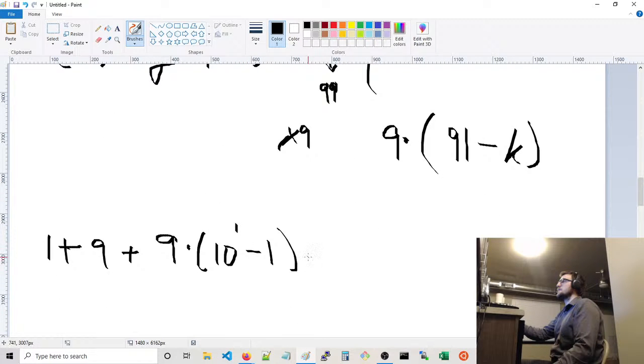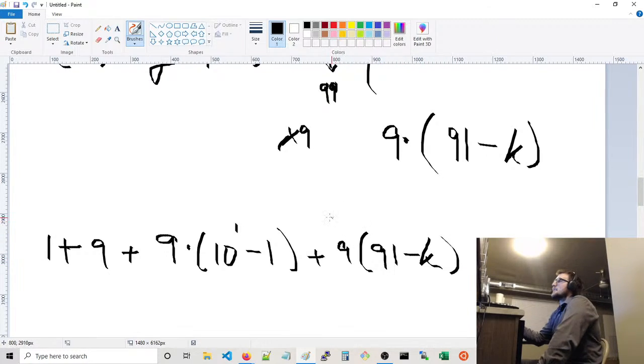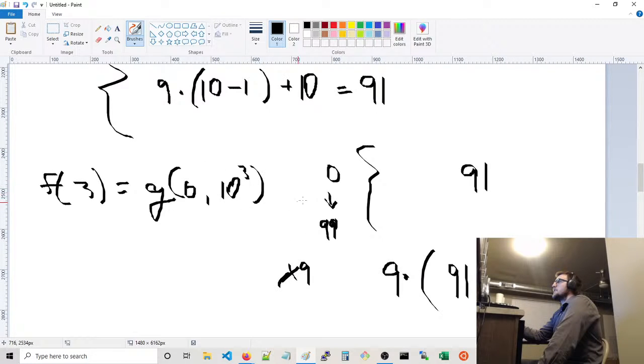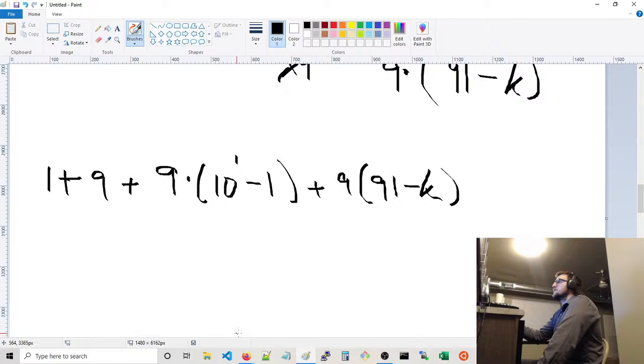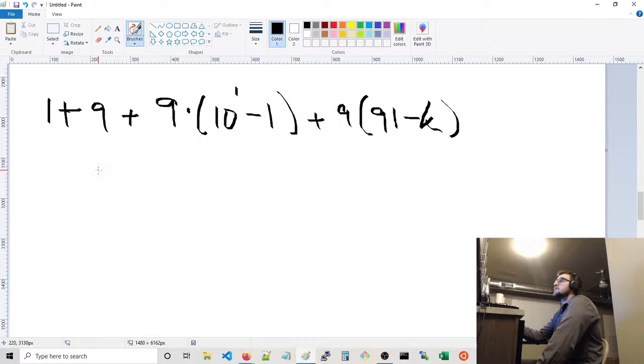Plus now it looks like 9 times 91 minus some constant k. And this constant k seems to be, what could it be?